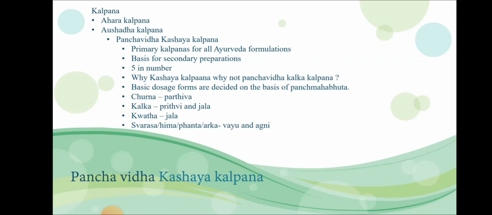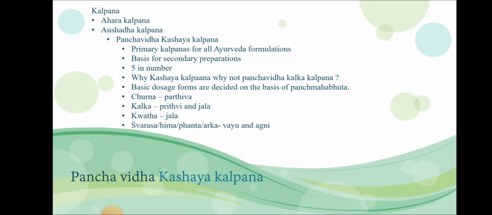If you take any chapter in Chikitsasthana, you can find Kashaya. Kashaya is the main medicine explained by all the Acharyas; in any disease condition, Kashaya is indicated. There are n number of Kashayas explained for various diseases. That is the probable reason why it is known as Panchavidha Kashaya Kalpana.